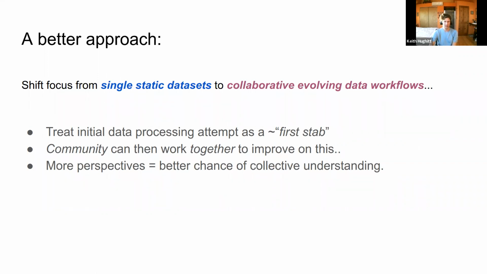And then the big motivation or intuition is that the more perspectives we can involve in the data processing flow and understanding the decisions being made at each step, the better chance we have of ultimately understanding the data in the end.